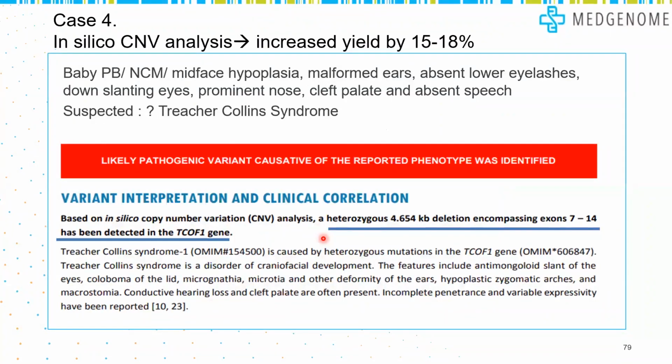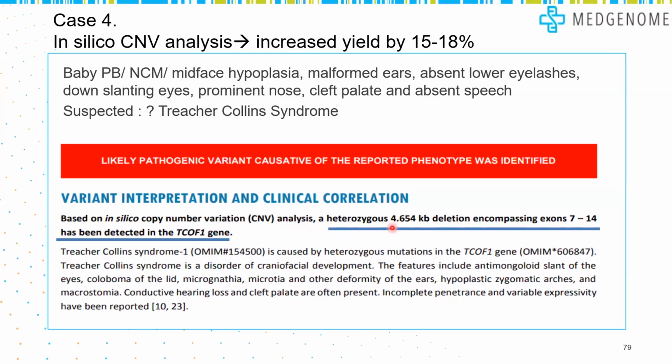Now, CNV analysis. Everybody is interested in knowing how NGS can now pick up heterozygous variants, which are copy number variants and not single nucleotide variants. So this is again in silico copy number variant analysis.